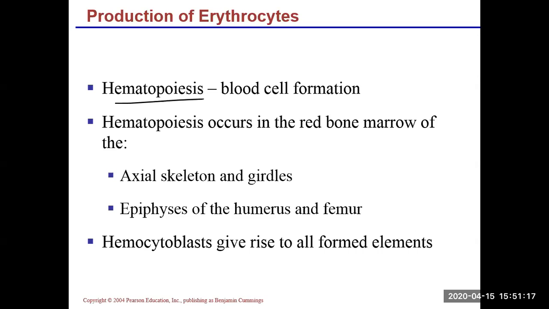As a result, you can manufacture more red blood cells if you need them, or if the red blood cells have been damaged and need to be replaced, or they just got too old. Both of which need to be made. So hemocytoblasts give rise to all the formed elements. Again, think about the formed elements, white blood cells, and all that too.